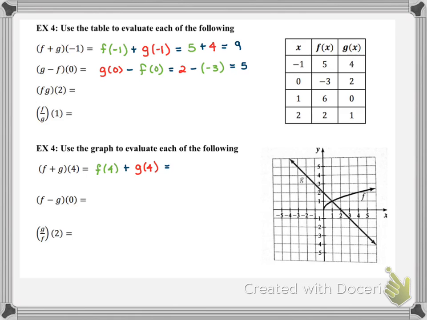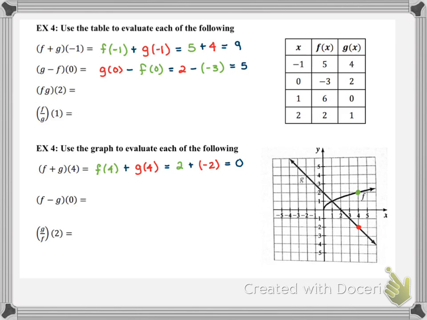So we find an x-coordinate of 4 on the graph of f that has a y value of 2. And then same thing with g. We're always looking at that same x value. So g of 4 is just down here at -2. So we end up with 0.